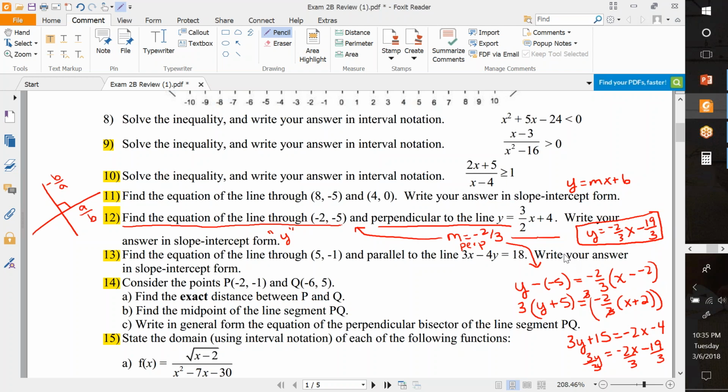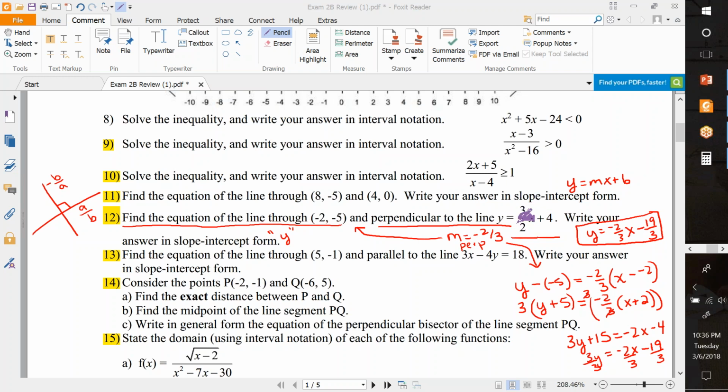Any questions on 12? Yeah, so anytime you're doing a perpendicular equation to something that they've given you, you want to flip and change the slope always.